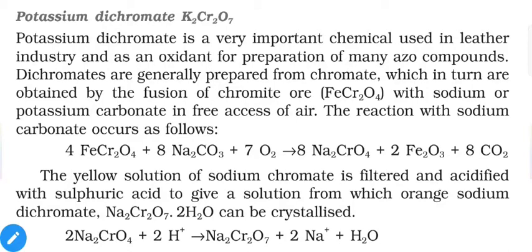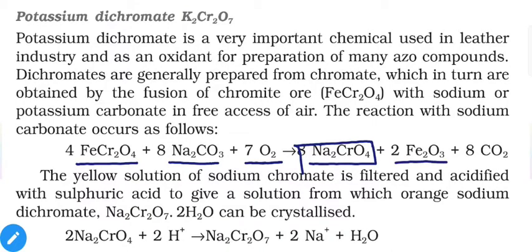First of all, we have chromite ore and Na2CO3 in open air, so that means we have a good enough quantity of oxygen. When they react together, we get a chromate ion containing compound, sodium chromate, and oxides of Fe and carbon dioxide. Now this compound Na2CrO4 will be used for our next step.